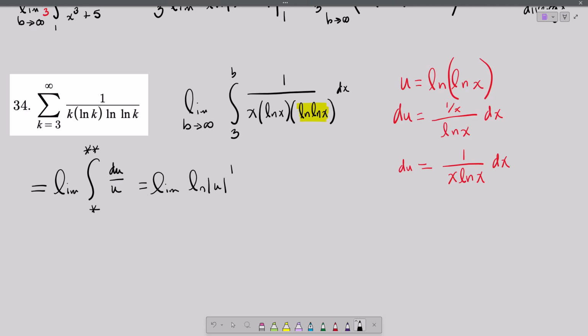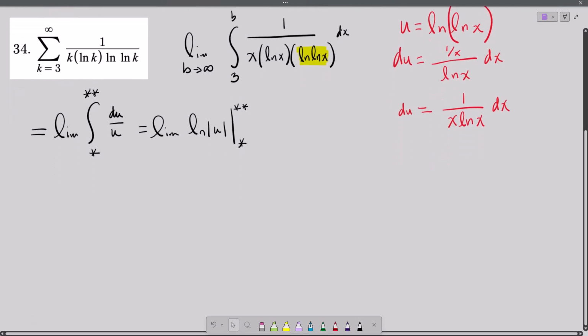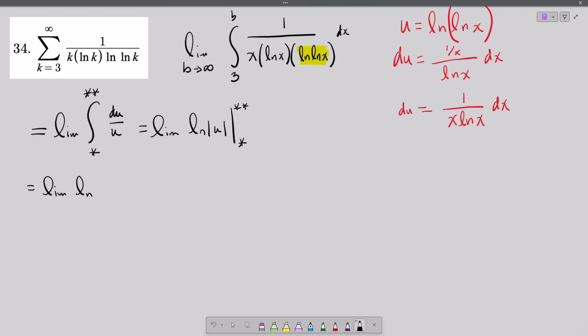Are you kidding me? Yeah, exactly. This is going to get really silly. So this is going to be limit of ln of absolute value of u, but u is ln x, so this is ln x inside of ln. And if you want parentheses here, if this helps, you can do this kind of ridiculous thing.